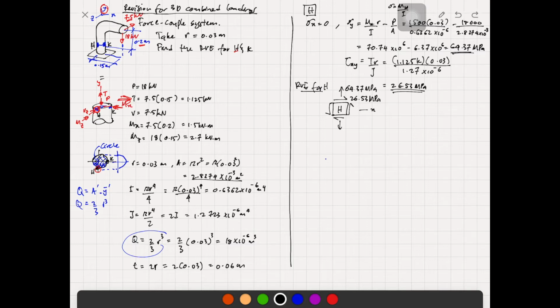This is the revision for 3D combined loadings. After this, we're going to start from the stress element over here that we already computed. This is a rather simple example, but it would take so long to discuss. I really want to focus on the 3D combined loadings, and what we have over here is the RVE.